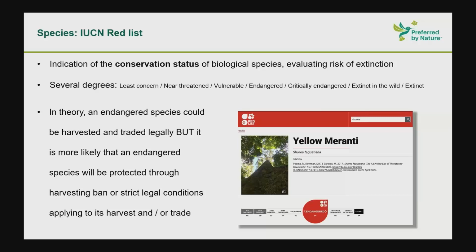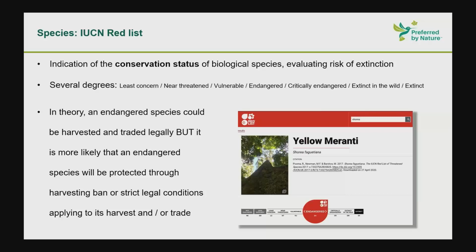It's quite different. So you have several degrees of biological status that you can look up. Again, it's a risk factor, right? So an endangered species could be harvested and traded legally in a country. It could be endangered in the wild, but not endangered in a plantation setting, right?